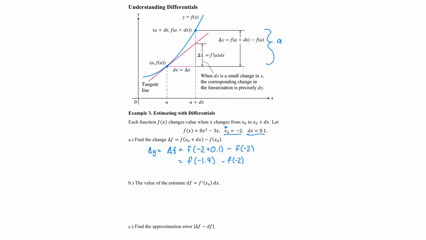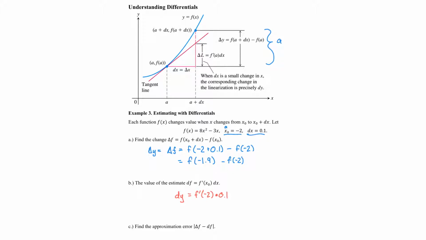In other words, df is just dy, which is equal to, and not to be confused with delta y, that's not anything involving derivatives. So we would have f prime of negative 2 times 0.1. Again, very straightforward to compute.